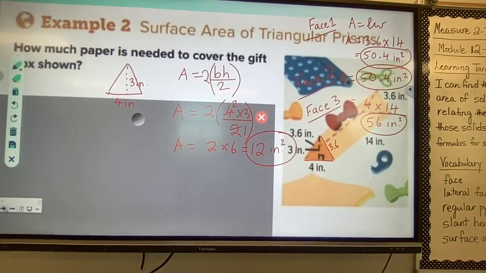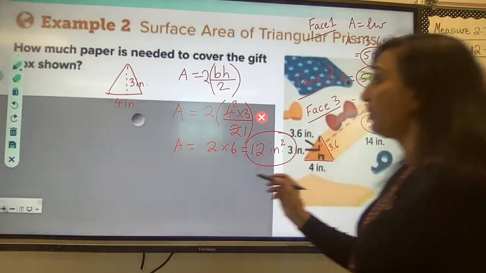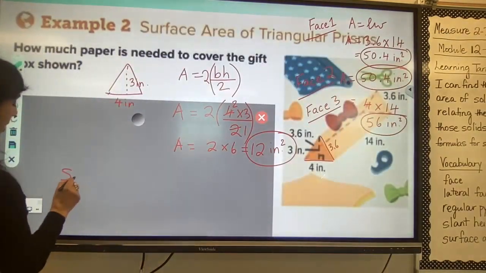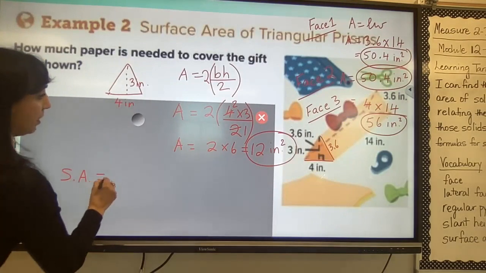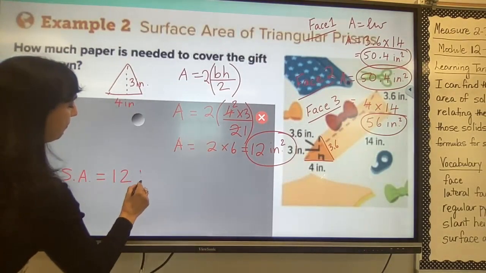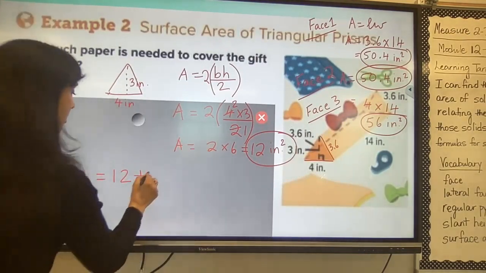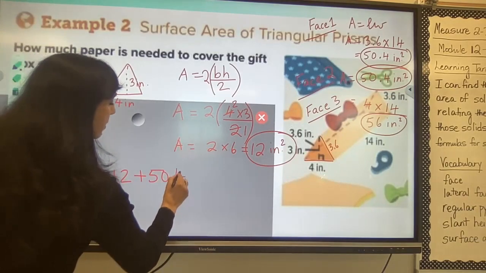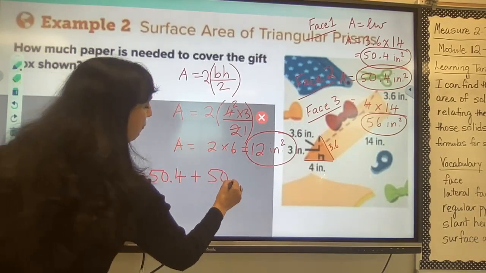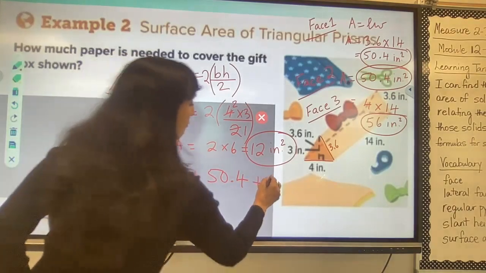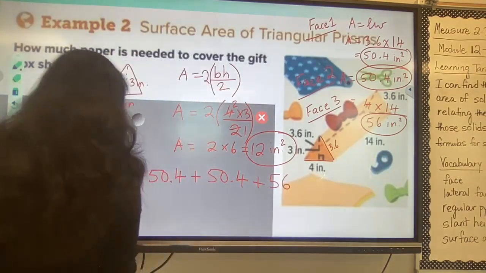Okay, so now we are going to look at all of these areas, and surface area is what? You are going to add up all the faces, or the areas of the faces. So the surface area of the triangular prism is equal to 12 plus 50 and 4/10 plus 50 and 4/10 plus 56 square inches.